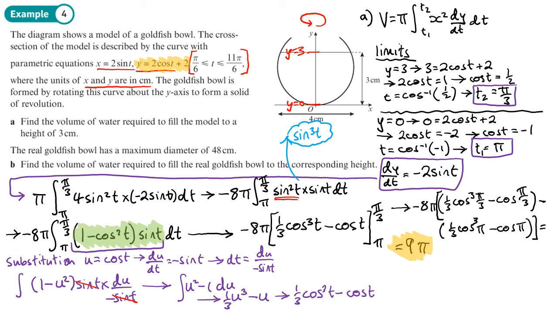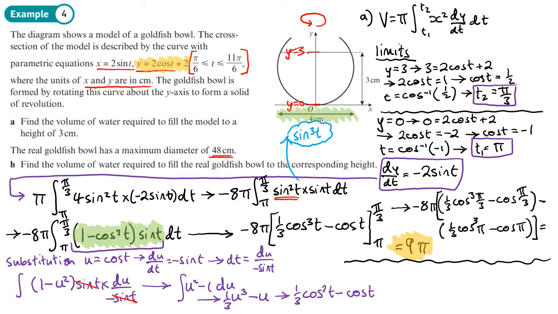Moving on to part B, it says that the real golfer's bowl has a maximum diameter of 48 centimeters. Find the volume of water. So this is to do with scale factors. If I have a look at this little model here, this one has a diameter of 4 centimeters.